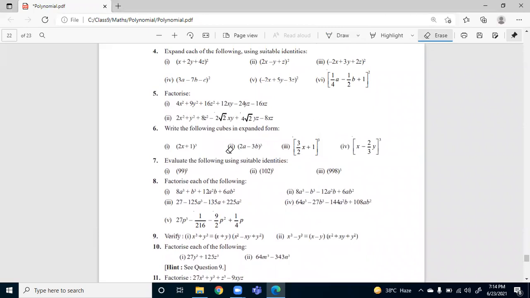I think we have left question number 7. Yes, ma'am. We left 7 and 8. Okay, so 99 cube. So 99 cube means 99, I can write it like 100 minus 1 cube.